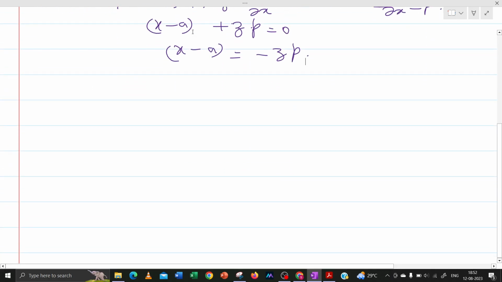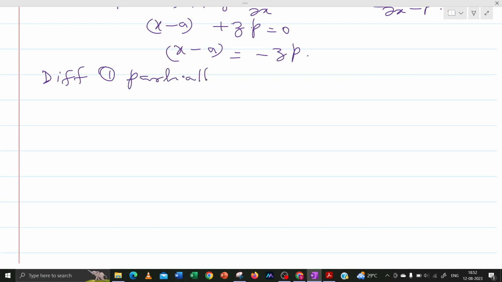Therefore, x minus a value is minus zp. This is one result. Next we are going to differentiate 1 partially once again, with respect to y.